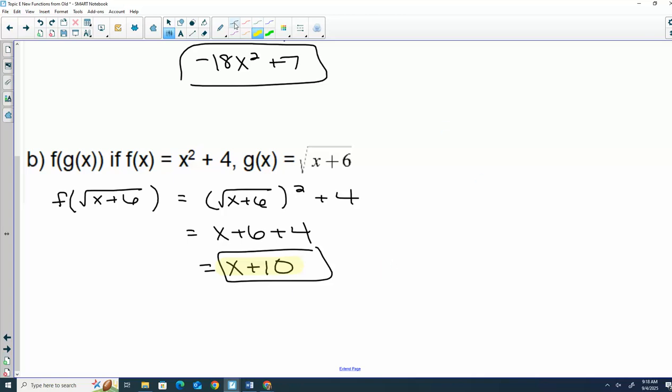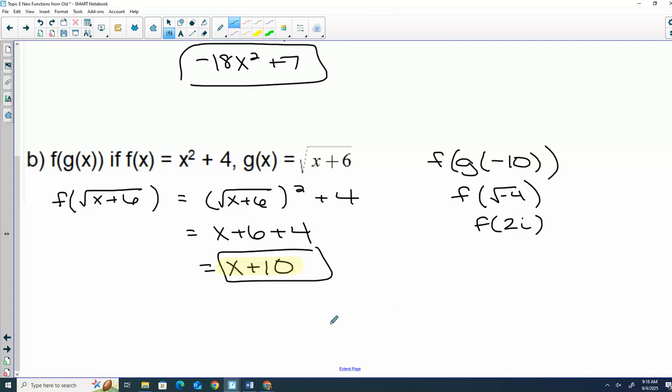Okay, so what if I asked you to find f of g of negative 10? If I plugged it in right here, I get 0, right? But if I actually worked it out, g of negative 10, I get the square root of negative 4. That's 2i. And I'm getting an imaginary on this. So you can't only look at the final answer.